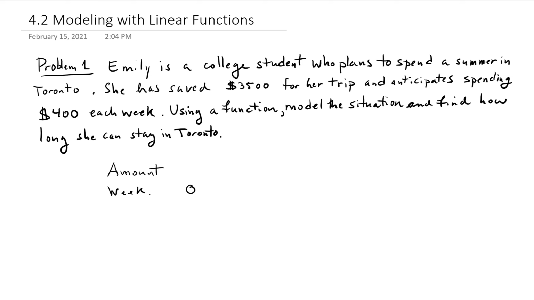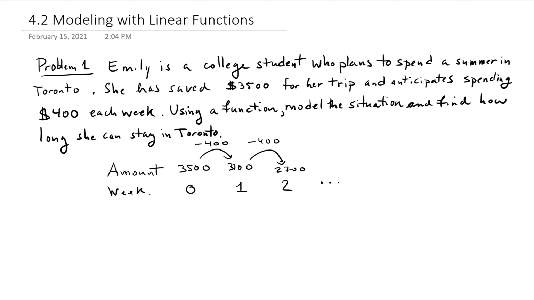When she starts week 0, when she arrives in Toronto, she's got $3,500 in her bank account. And then a week later, she's going to have $400 less. So this has gone down by 400. And then on week 2, it's gone down by 400 again. So she now has 2,700, and so on.